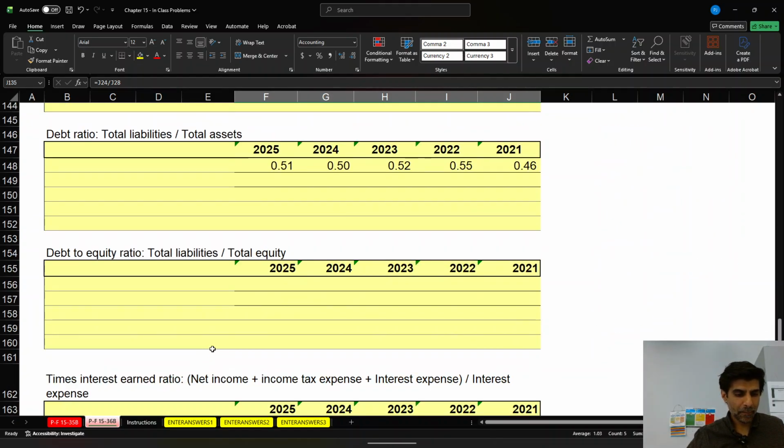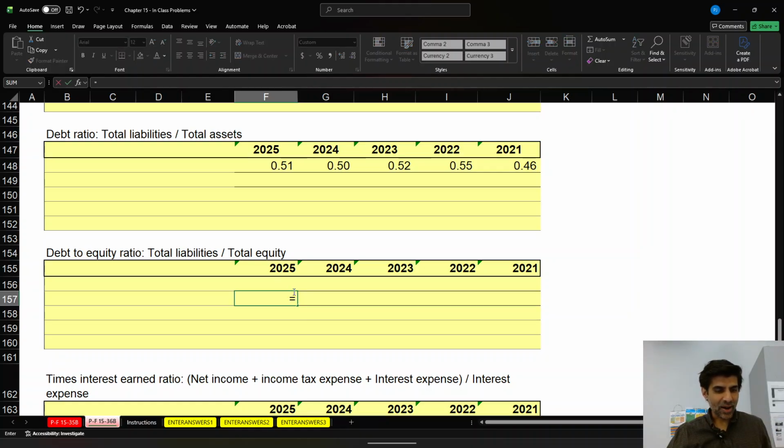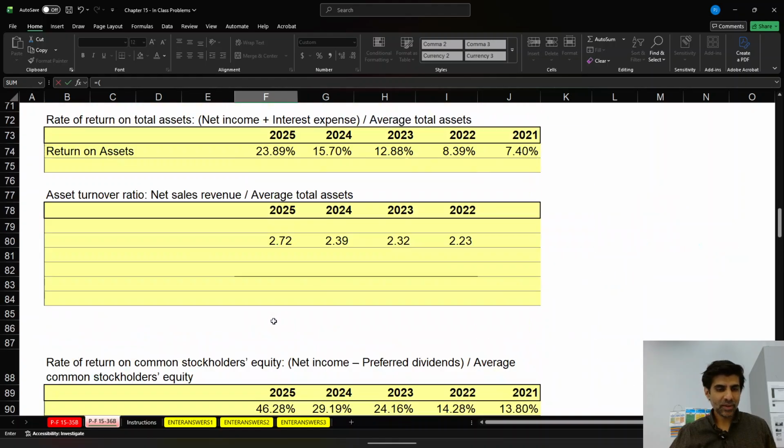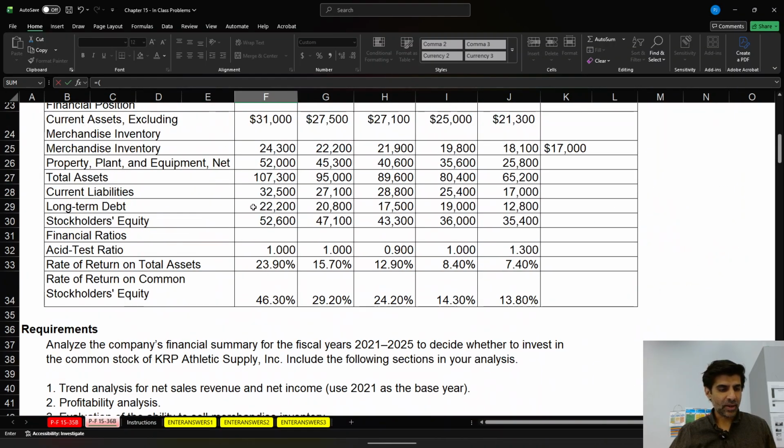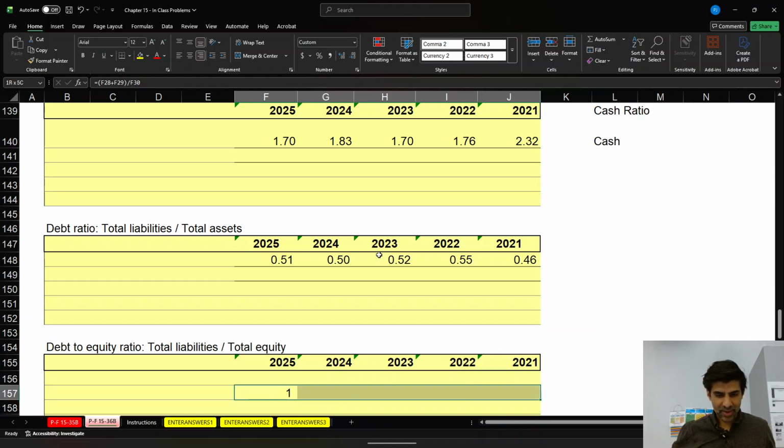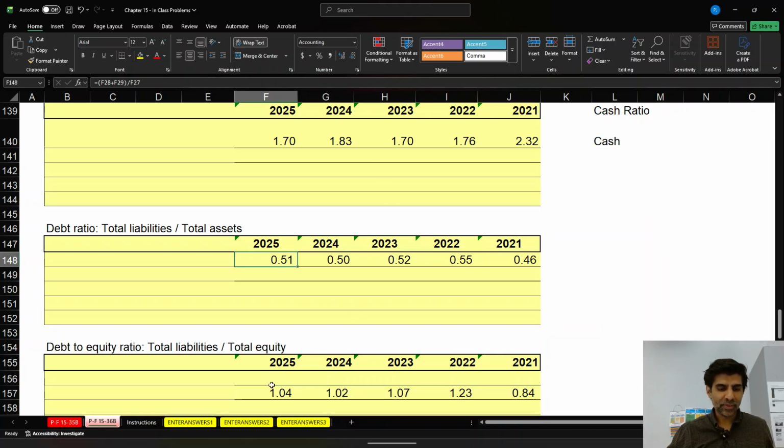And then debt to equity. It's asking you to calculate this: total liabilities, which again is current plus long term, divided by your total equity. As I said, these are all related. This 50% is related to a 1-to-1 debt to equity ratio.